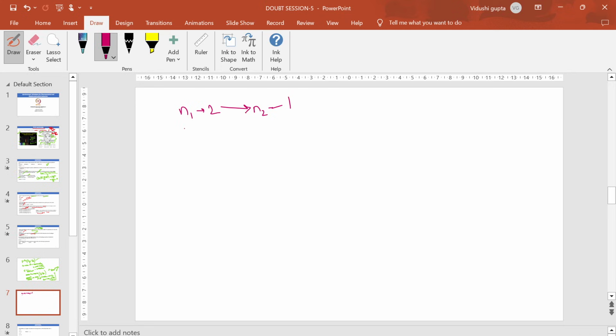Lyman means transition is occurring from the second energy level to the lower level. So for the first line, use Rydberg's formula. R is already given. We have to use 109678 upon 1 square minus 2 square.